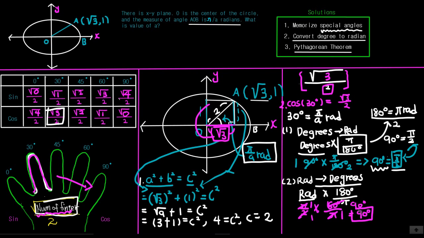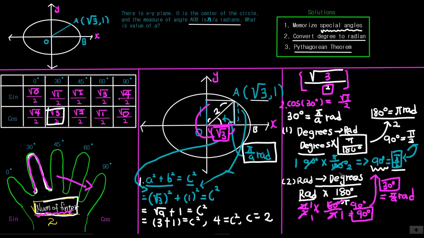And now we can simplify our version. We know that 30 degrees is the same thing as pi over A radians. Now let's convert 30 degrees into a radian so that we know the value of A exactly.